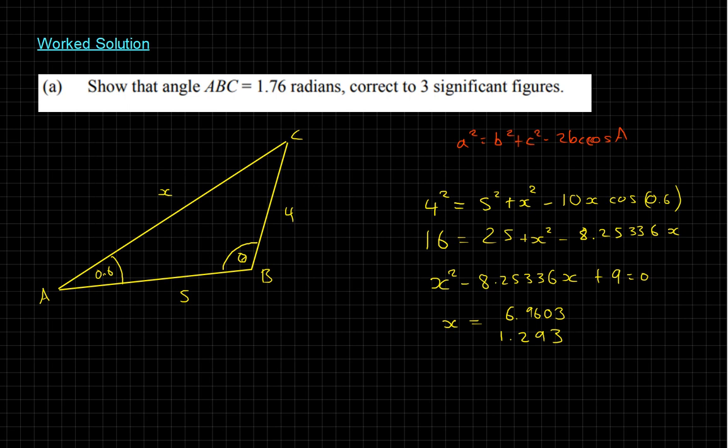So realistically, there's no way this is going to be 1.29, that's too small. It's the longest side on the diagram, so it's not 1.293, it's the 6.9603. So let's write that in. This x is approximately 6.9603.